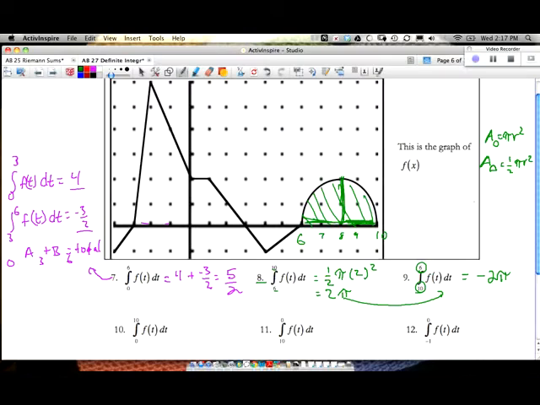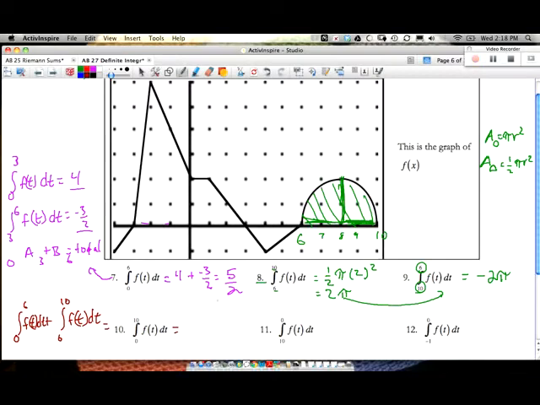Okay, number 10. All right, we're combining so much in this one. If I know the integral from 0 to 6, and I know the integral from 6 to 10, if I add those two things together, that's going to give me this here. And we're, of course, looking at f of t dt. Excellent.